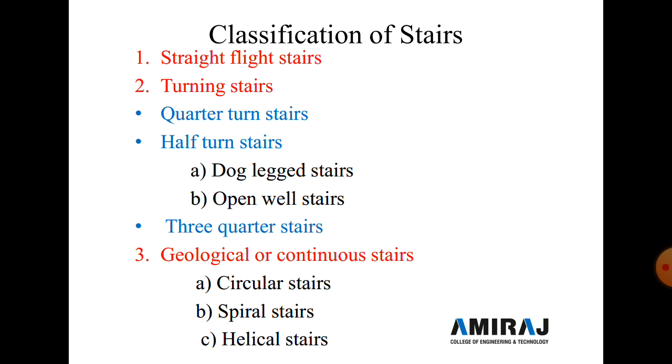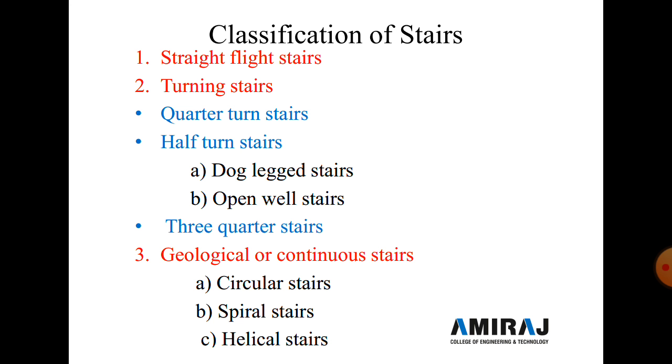The half turn stair is divided into two parts: dog leg stair and open well stair. And the three-quarter turn stair is the third part of the turning stair. And the geometrical or continuous stair is divided into three parts: circular stair, spiral stair, and helical stair.